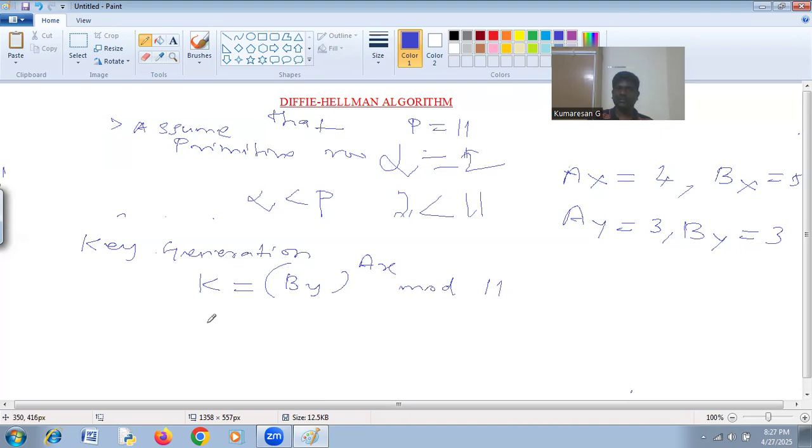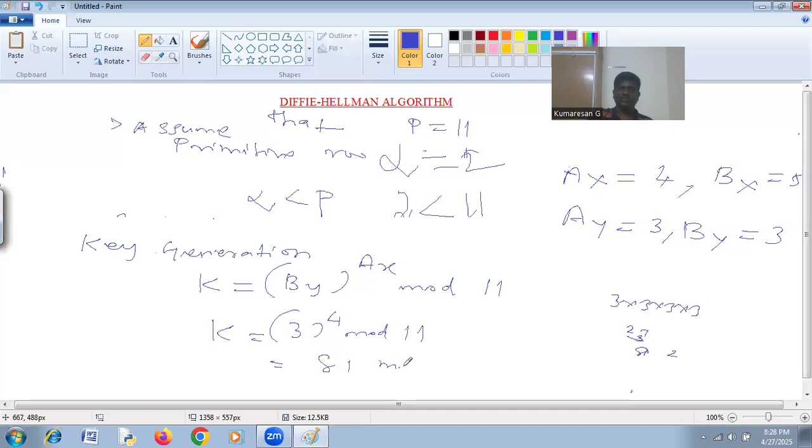So by default, here we know the B value. What is the B value? It is 3, and 3 power 4 mod 11. What is the 3 power 4 value? 3 four times: 3 into 3 is 9, 9 into 3 is 27, 27 into 3 is 81.